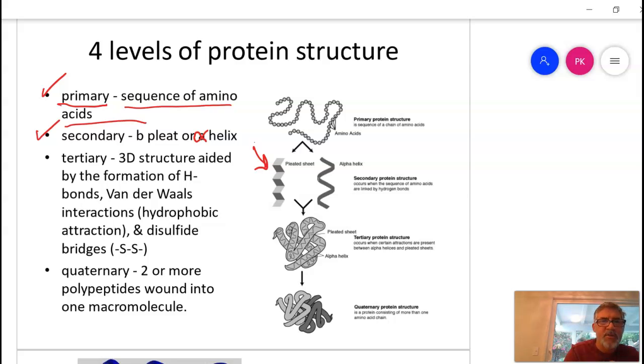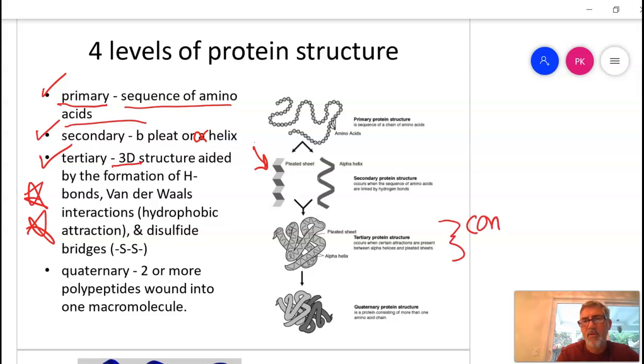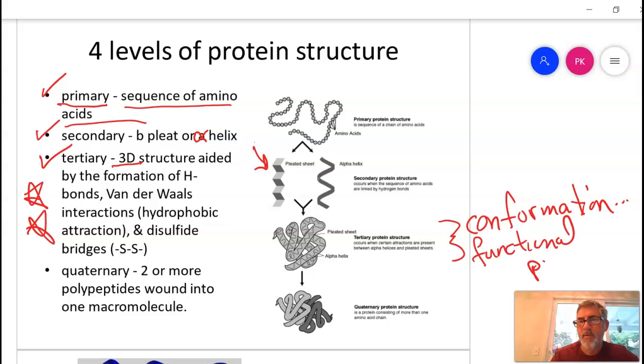My tertiary structure. Now I've got a 3D shape. This 3D shape is also known as a conformation, and that is what's called a functional protein.